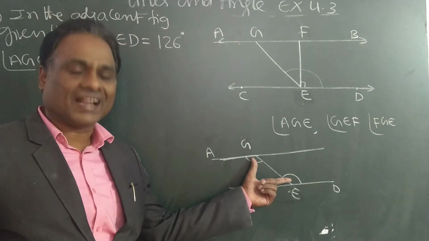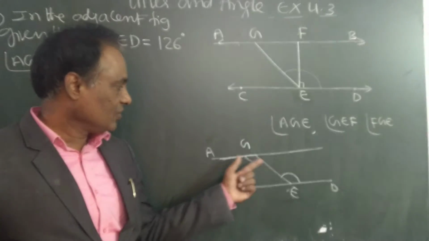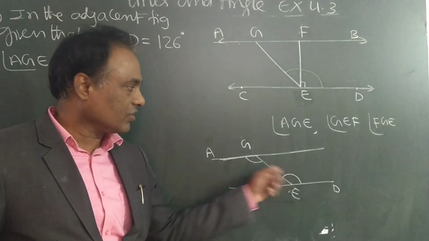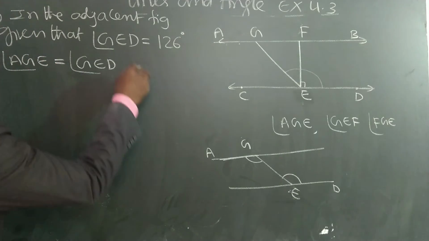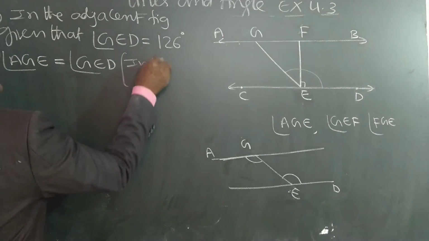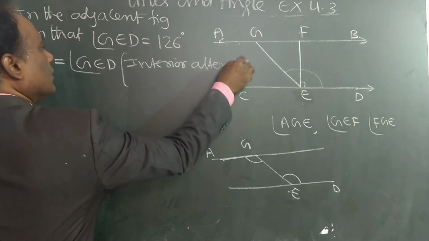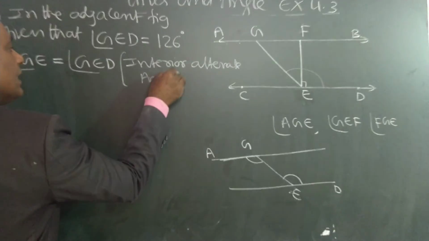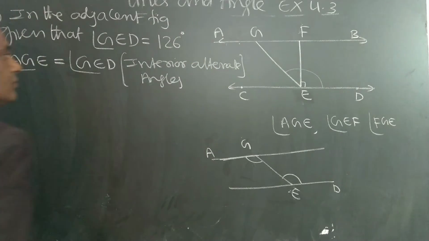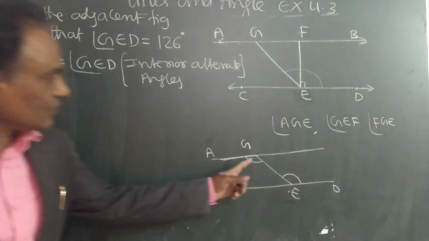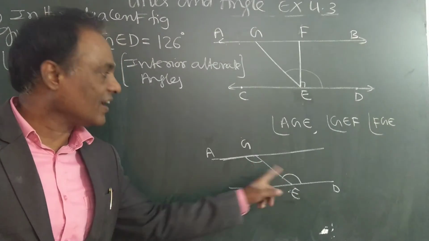Both are interior, on opposite sides, so they are called interior alternate angles.